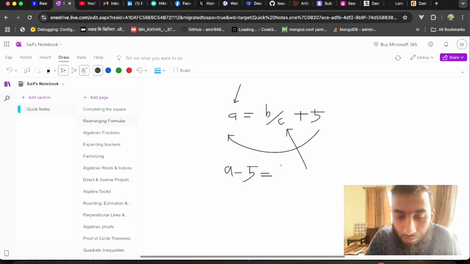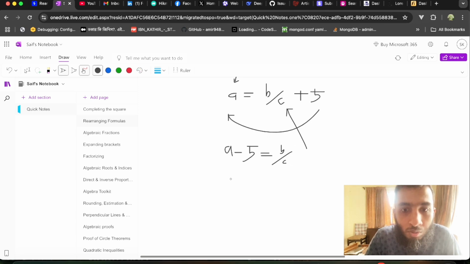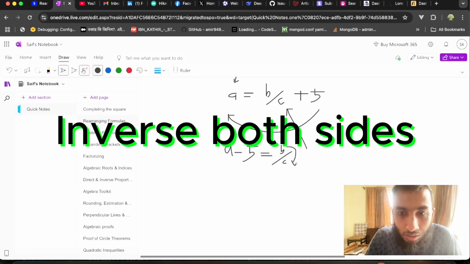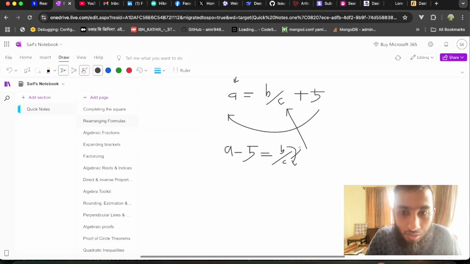equals b by c. Okay, so if I turn the numerator and denominator on both sides, I can write 1 divided by a minus 5 equals c by b.